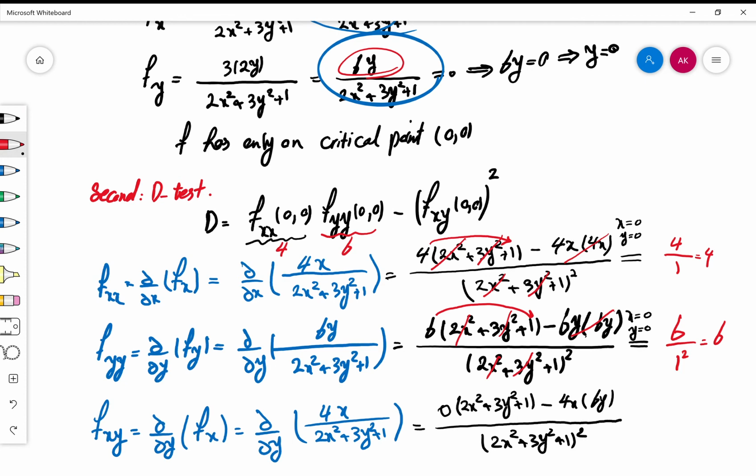Set x equal to 0, y equal to 0. The whole numerator is 0 and the denominator is 1, so it is 0 over 1 squared, which is just 0.